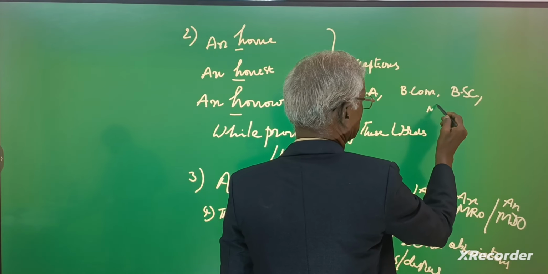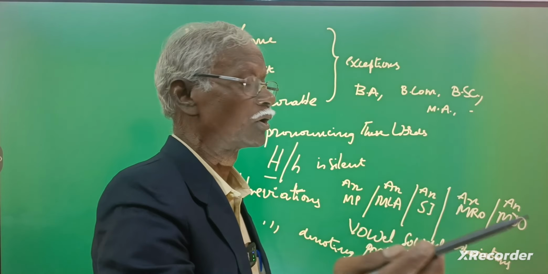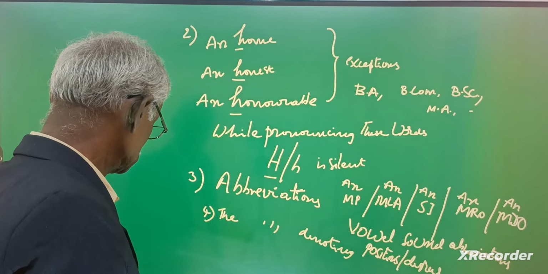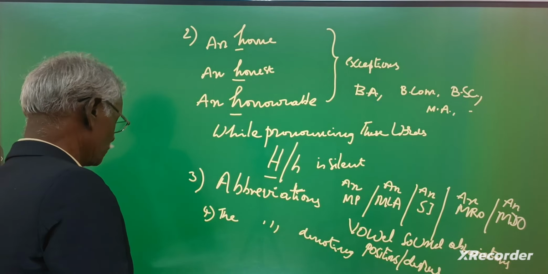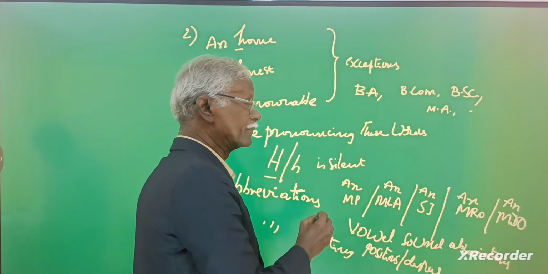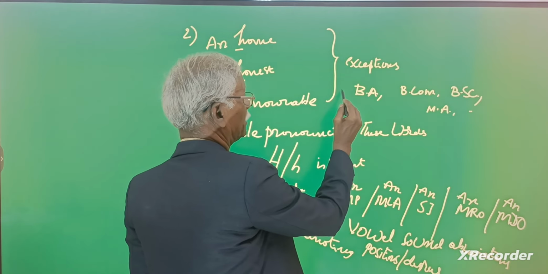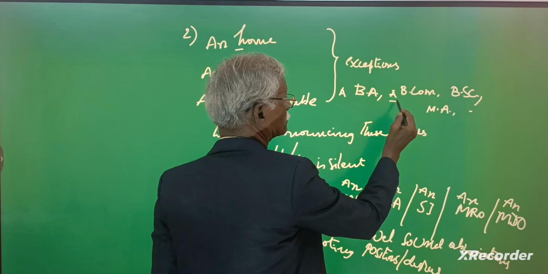Next, MA. Like that it goes on, MSc, MCom. So, the abbreviations denoting position or degree use the indefinite article a, not an.